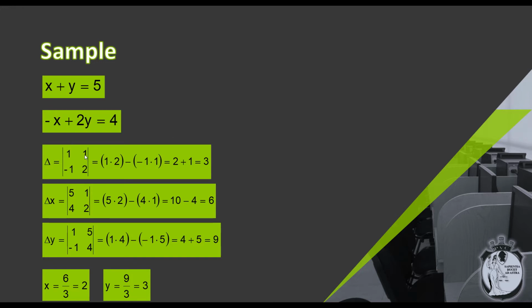The coefficient of the first variable, x, is 1, and the coefficient of the other variable, y, is 1. Minus 1 is the coefficient of the first variable in the second equation, and 2 is the coefficient of y in the second equation.